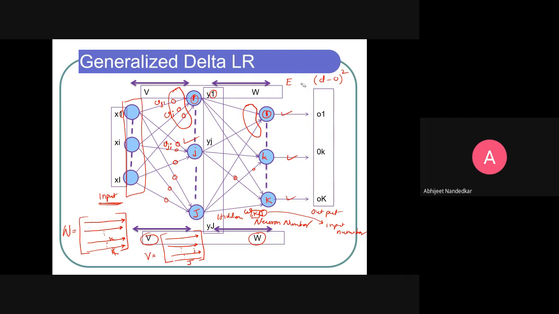So what we are going to do is define this as half into summation, say i equal to 1 to capital K. That means the error for each neuron is added together. So this will be (d_i minus o_i) squared. So this is a small change in the definition of error for a multi-layer network.